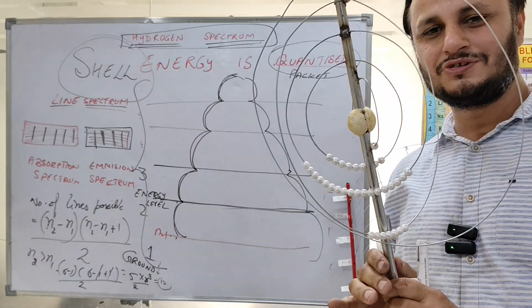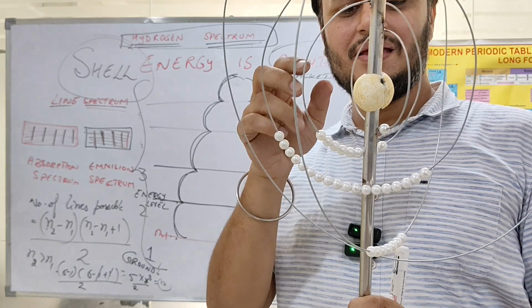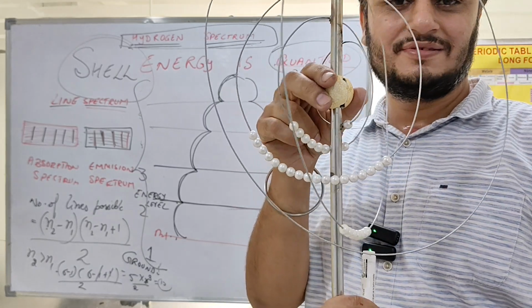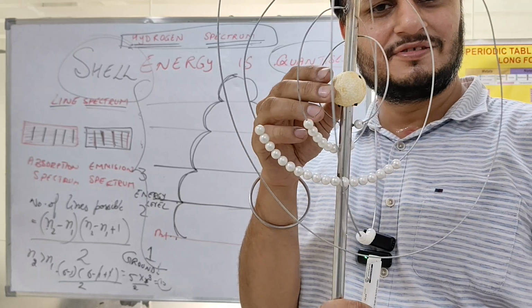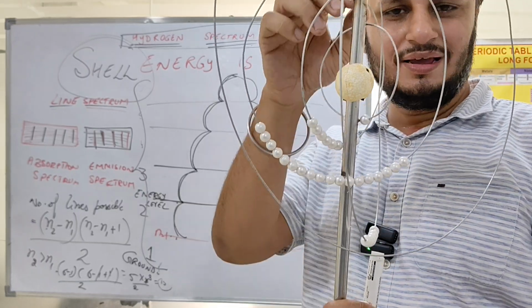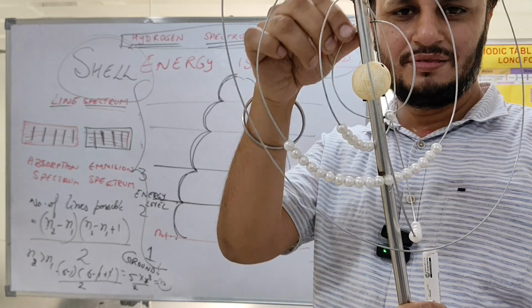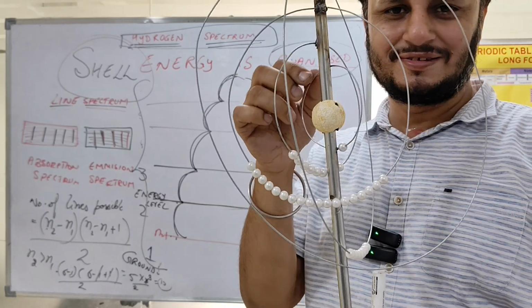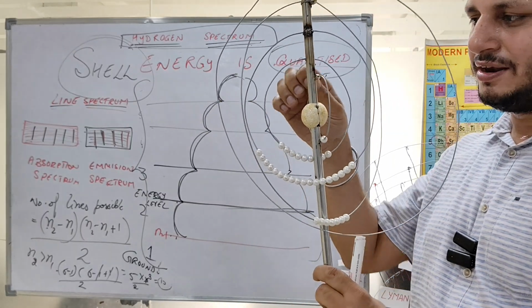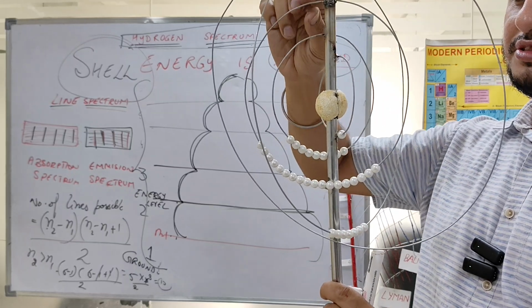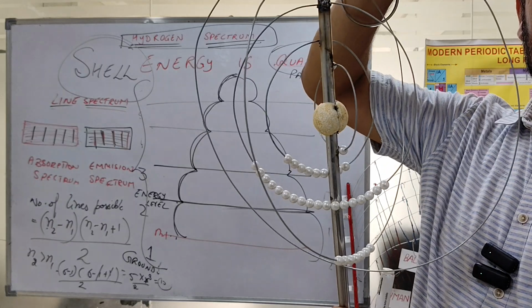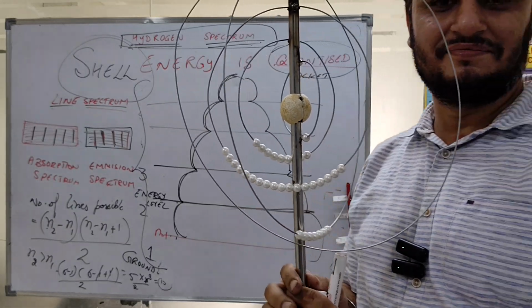So, what was the Bohr's model? There is a nucleus in the center, same as Rutherford, but electrons are moving in levels. The first level, the second shell, the third shell, the fourth shell, and the fifth shell.